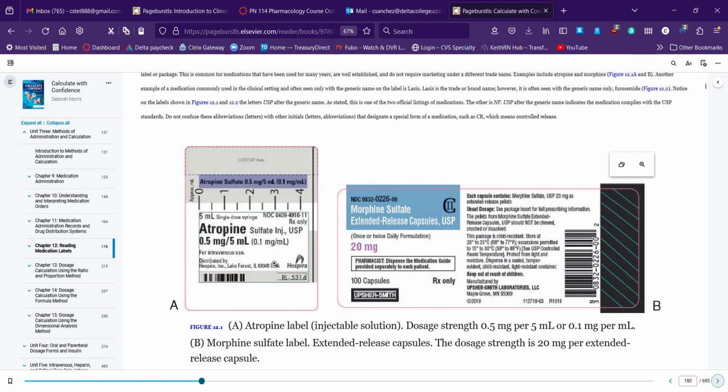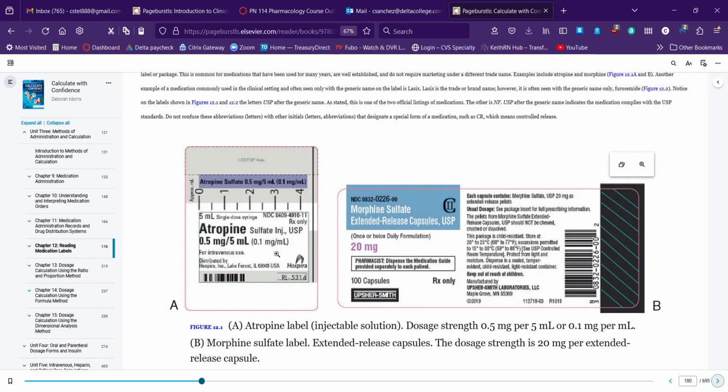So, as we mentioned before, by law, they have to put the generic name on the medication box. So if you only see that one drug, atropine sulfate, and no other drug on there, then it's going to be the generic name. Same thing with this one, morphine sulfate extended release capsules. It's only one name on there, so it's going to be the generic.